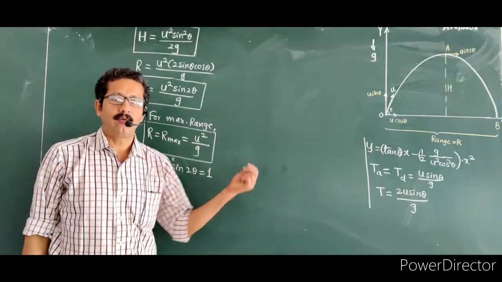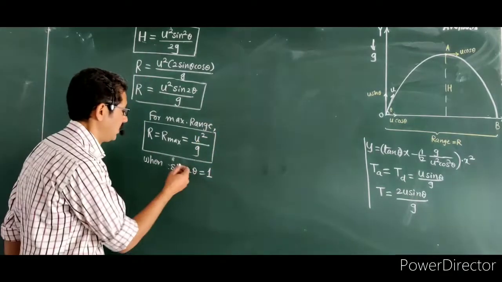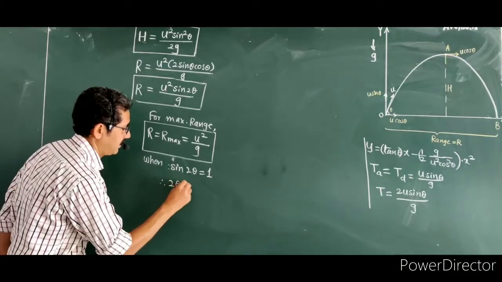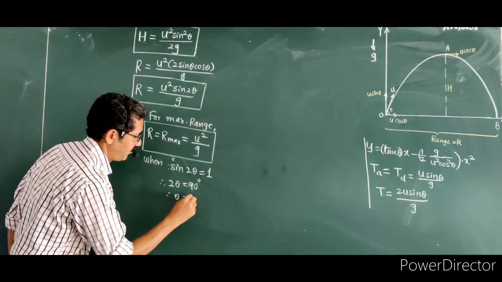Now I know that sine of 90 degrees is equal to 1, or sine of pi by 2 radian is equal to 1. So sine of 2 theta equal to 1 means 2 theta is equal to 90 degrees, and therefore theta is equal to 45 degrees.